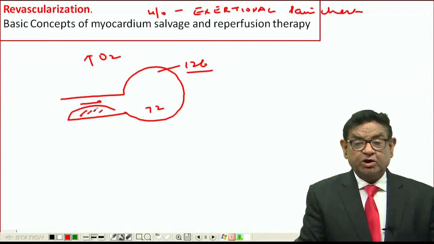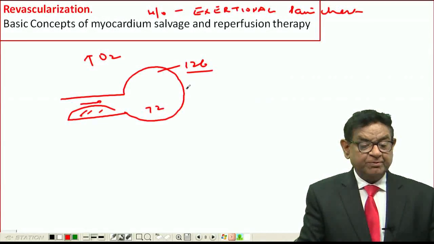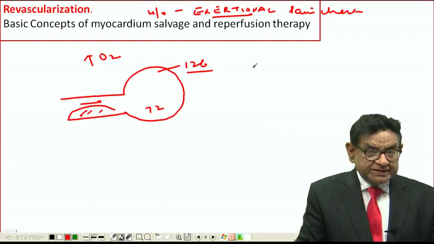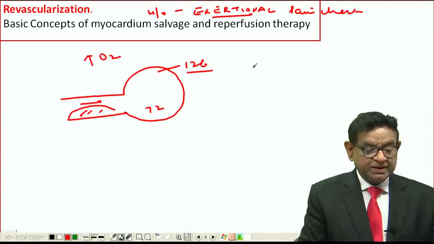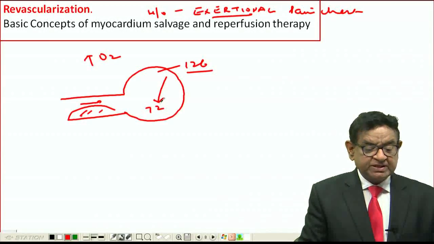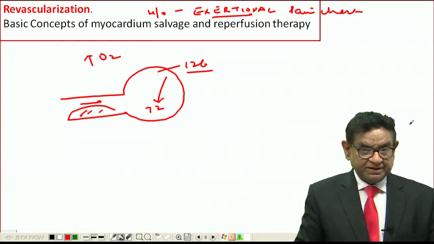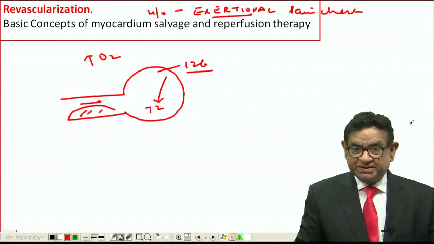But now a fixed obstruction is there. Demand is more, supply is less. Now the patient has chest pain due to tissue ischemia. It is a squeezing type of pain, what we call the Levine sign. Now the patient will stop, heart rate will again come back to 72, demand and supply match, and the pain disappears.